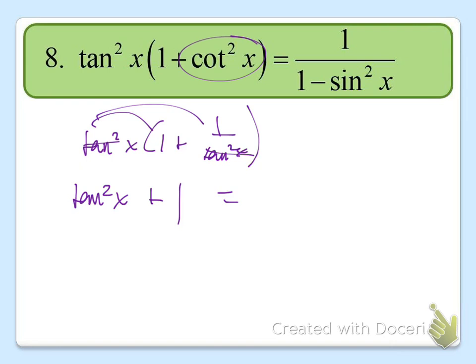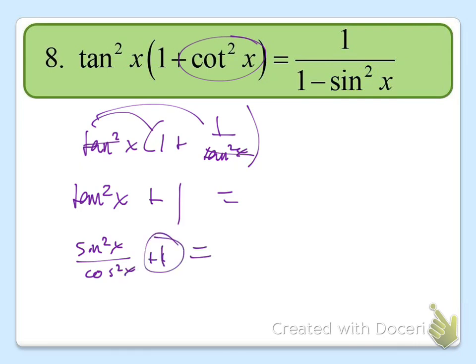Okay, to make it look like the right side though, the right side's a fraction, it's got 1 minus sine squared in the denominator. So I wonder if I need to, I can't just turn that into secant squared because it's not going to help. So how about I just rewrite this as sine squared x over cosine squared x.